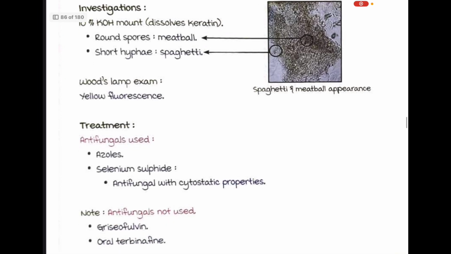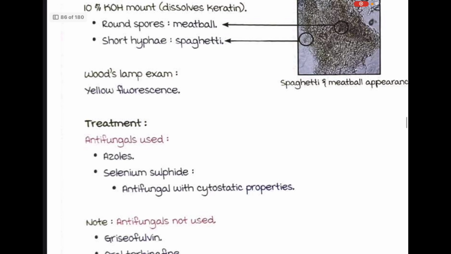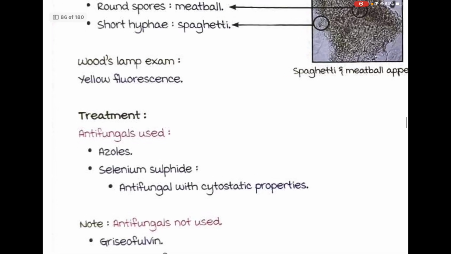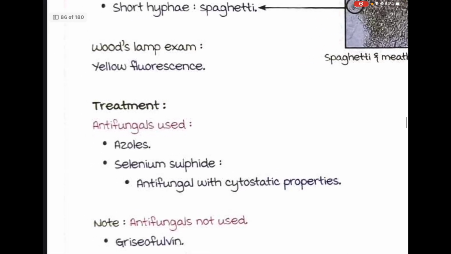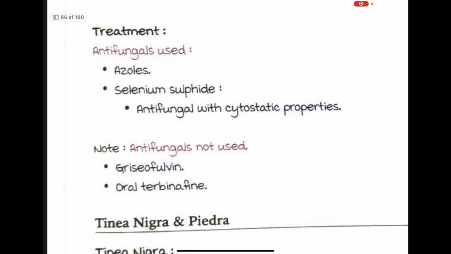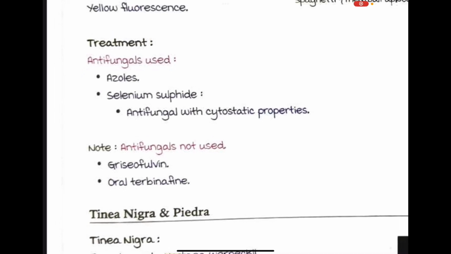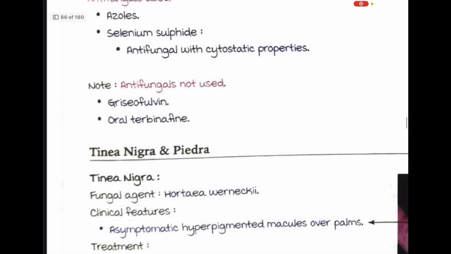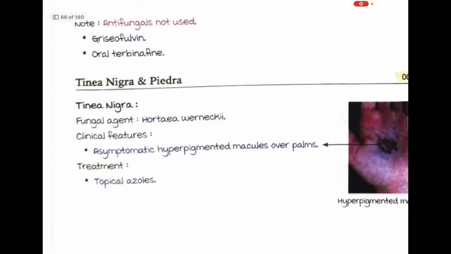Spaghetti and meatball appearance. On Wood's lamp exam, yellow fluorescence. Treatment: antifungals used, azoles, selenium sulfide, antifungal with cytostatic properties. Antifungals not used: griseofulvin, oral terbinafine.